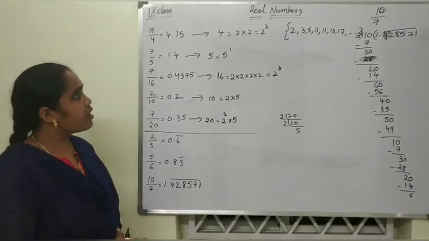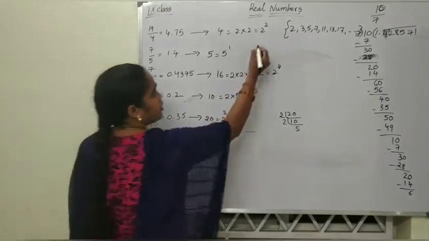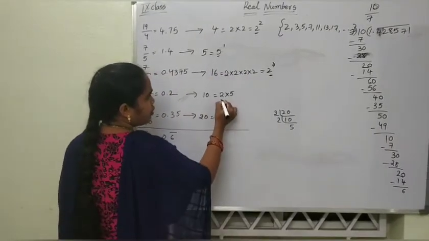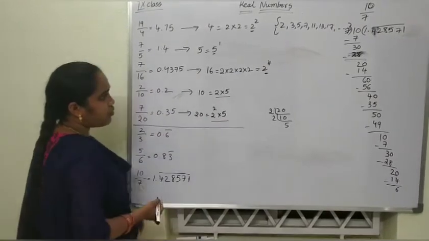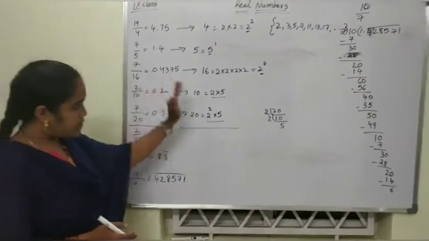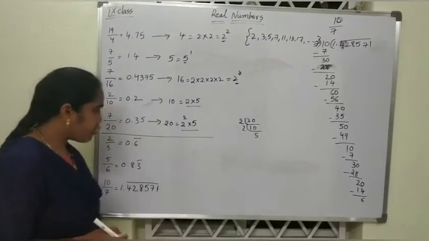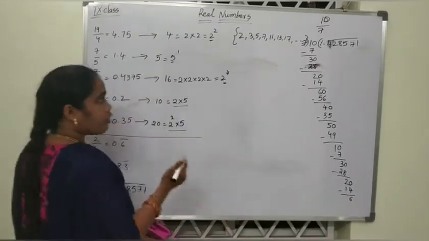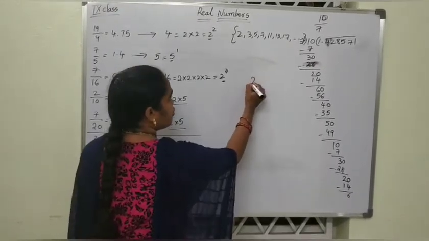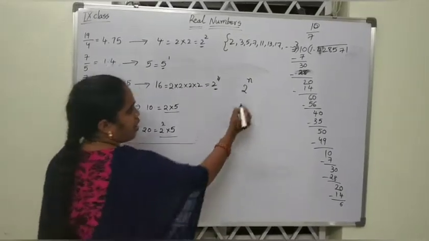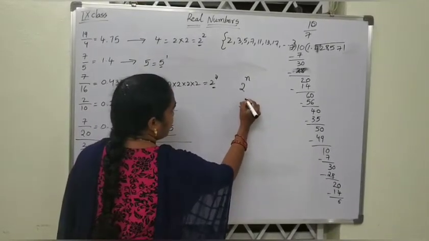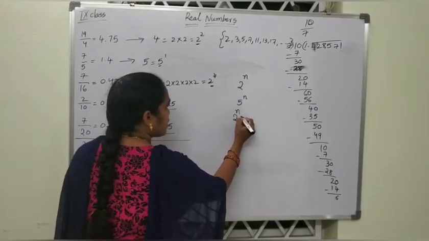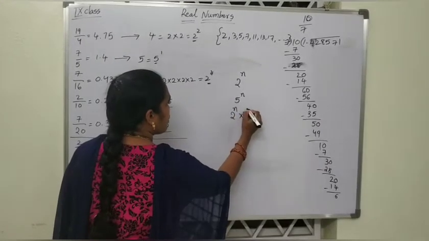The denominators forms we got are 2 square, here 2 power 4, here 5 power 1, here 2 into 5, here 2 square into 5. So, if you observe the denominators, the denominators are in the form of 2 power n or 5 power n or 2 power n into 5 power m.